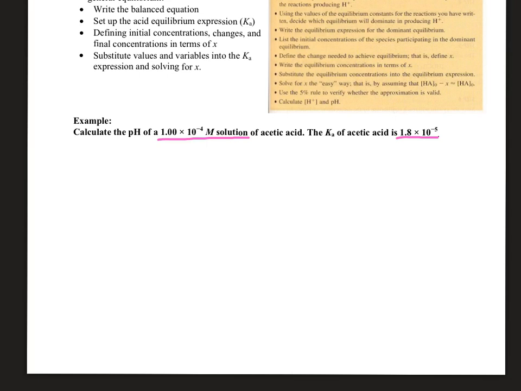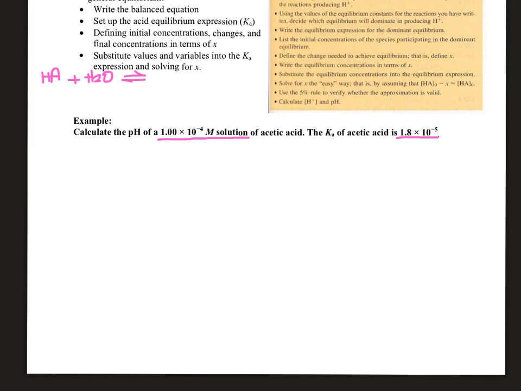So a couple of important things when we're setting this up. First, we want to go back and think about our acids. A lot of times you'll see me use a generic equation where I say HA put into water. That's because anything that is an acid, we use HA, and that's going to donate a hydrogen.